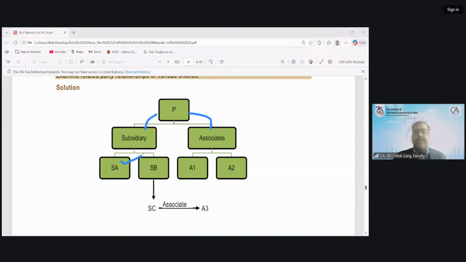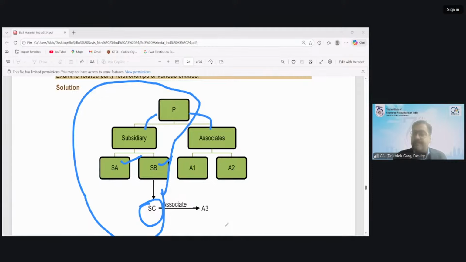P has two subsidiaries SA and SB and an indirect subsidiary, which is SC, right? So these all form part of a group. And this SC has an associate also. So indirectly, this parent has a stake in this associate also, an indirect interest.